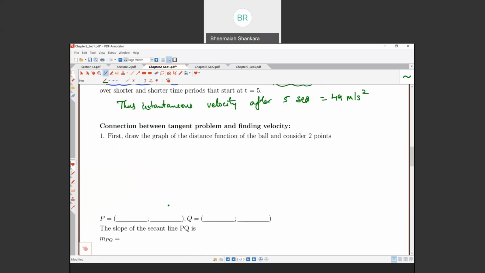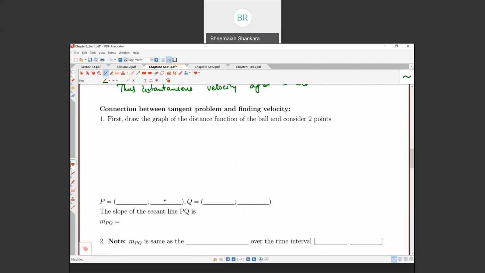Next is the connection between the tangent problem and finding velocity. So first we want to draw the graph of the distance function of the ball and consider 2 points. So I want you to draw a graph, a smooth curve to start with. Name 2 points on the curve P and Q and draw a secant line which touches the curve at these 2 points.